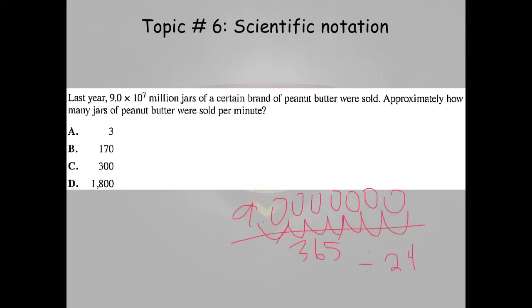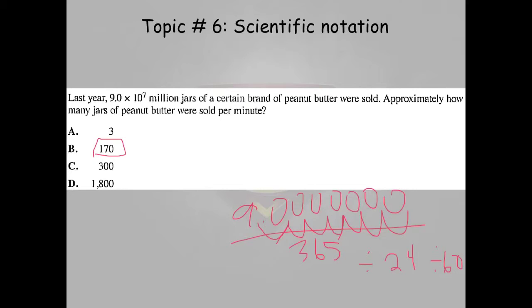Then we're going to have to divide by 60 to get how many were sold per minute. So if you can figure this out, you really don't even need to hit equals: just type in this number, then divide by this, then divide by this, then divide by this, without hitting equals until you get to the very end.